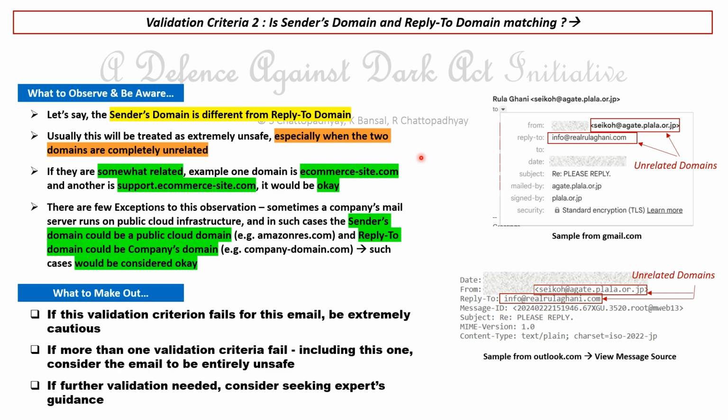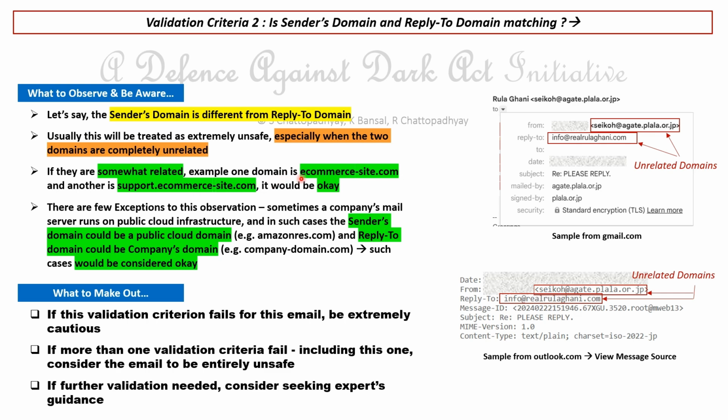mail. So sometimes it happens that some of these related domain names are getting considered as from domain and reply to domain. Like, for example, if one of the domains is ecommercesite.com and the reply to domain is different from ecommercesite.com, it has a token support.ecommercesite.com, something like that.